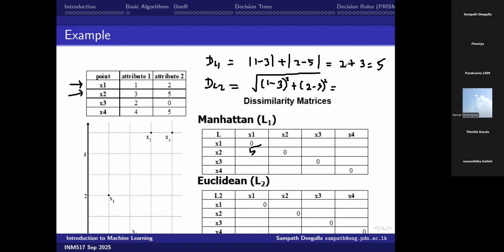That is 2 squared, which is 4, plus 3 squared, which is 9, and the square root of this is the square root of 13, which is 3.61. So this would be 3.61.